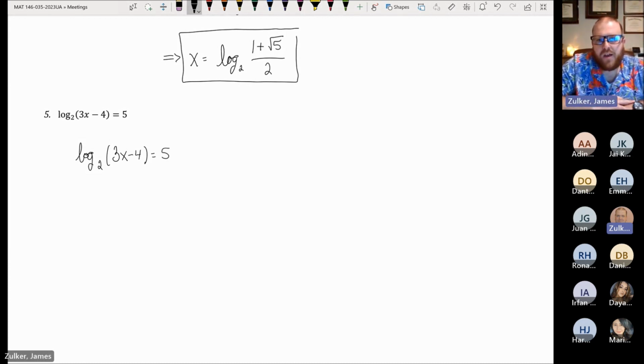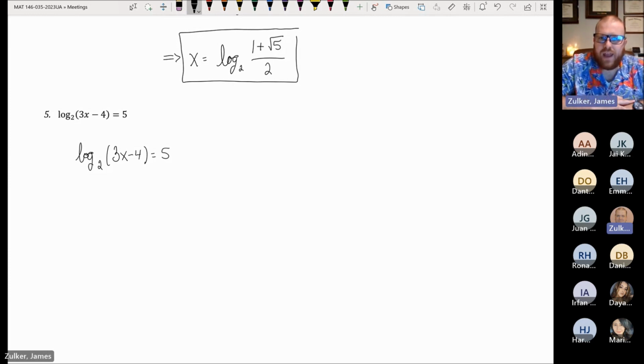Log base 2 of 3x minus 4 is equal to 5. Now, again, we want to isolate x, right? So we want to undo this logarithm. Another way of writing it is we have an equation in logarithmic form.